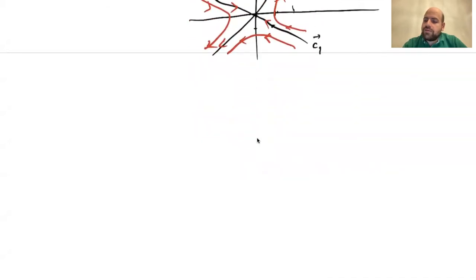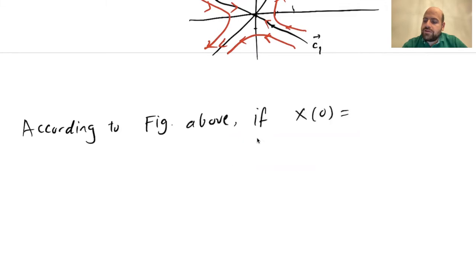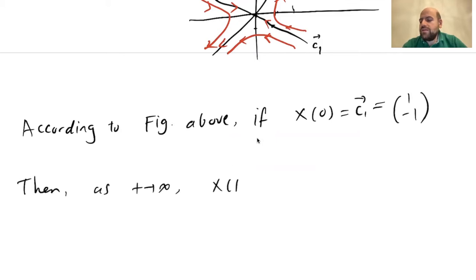So we can say that according to the figure above, if x of 0 equals C1 equals (1, -1), then as t goes to infinity, x of t will approach 0, getting closer and closer to 0.